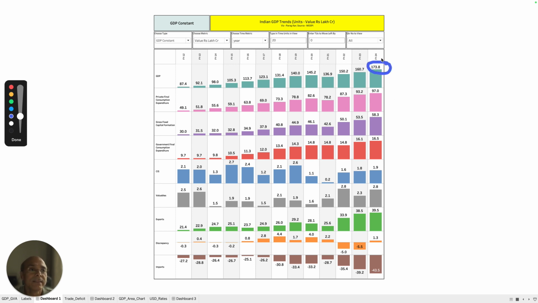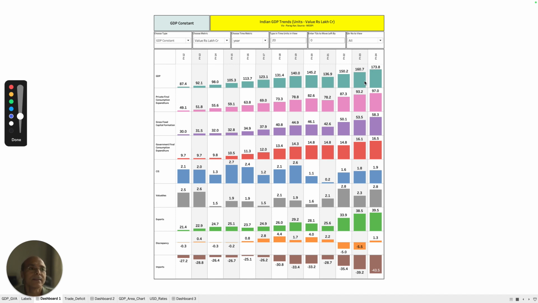And this number is made up of private final consumption expenditure, gross fixed capital formation, government final consumption expenditure, CIS, valuables, exports, discrepancy, which I spoke about, and imports. Of all these dimensions, imports is the only one which is negative, which gets subtracted to arrive at this number of 173.8 lakh crores.